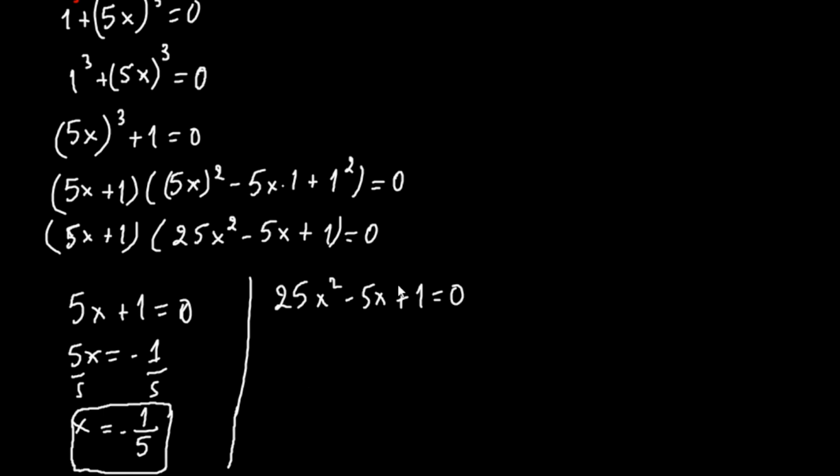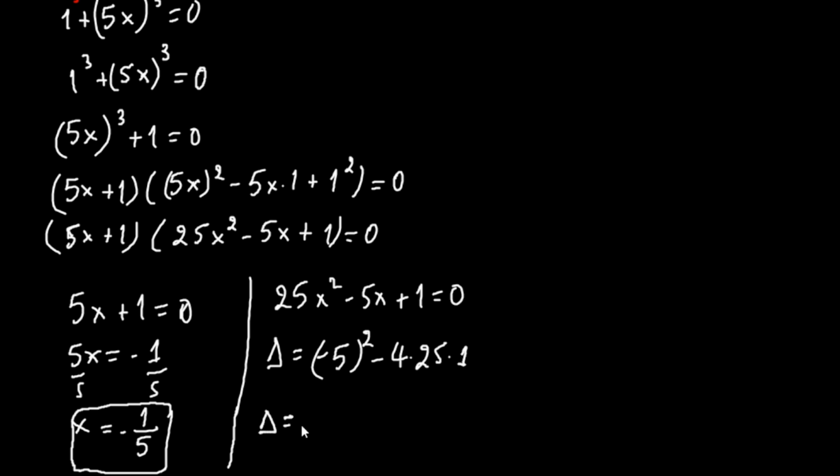Now on this side, let's find the discriminant to see if we have real solutions. So the discriminant is minus 5 squared minus 4 times a, which is 25, times c, which is 1.